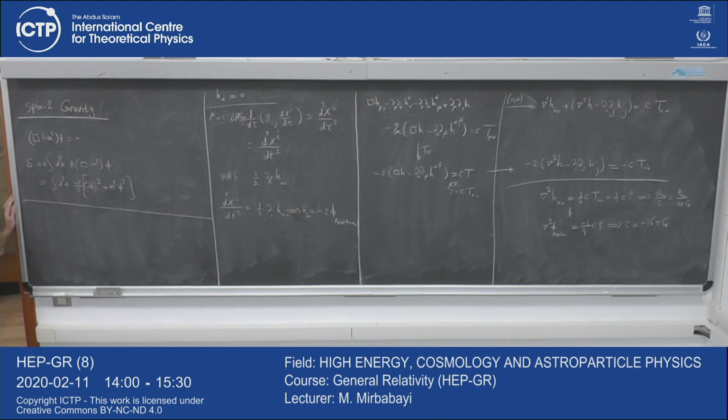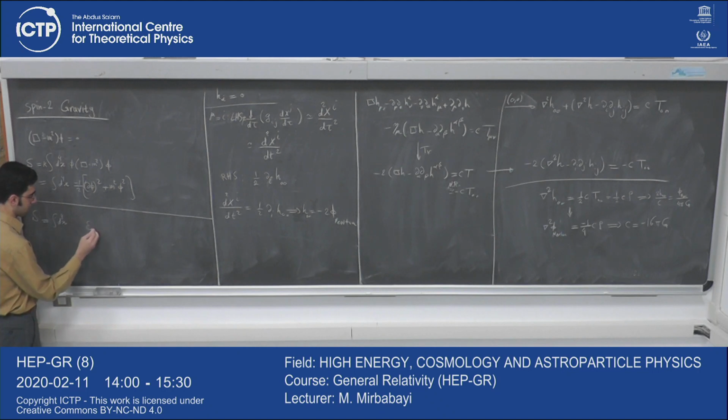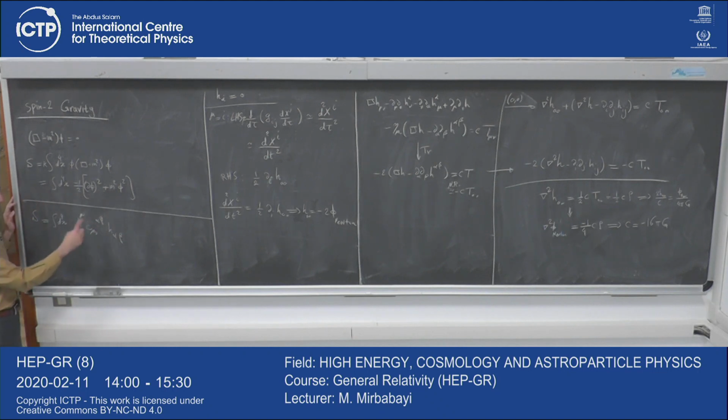Okay, now the story there is very similar. If I want to write an action that gives that equation of motion for h mu nu, the action is some normalization constant that now we can determine, times h mu nu epsilon mu nu alpha beta h alpha beta. So remember, this epsilon is that differential operator that sits there.